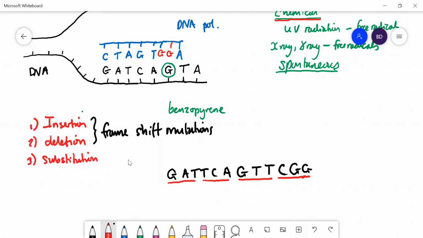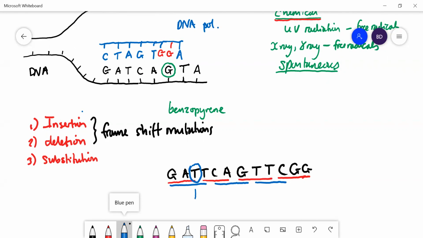Now let's say that this T here is deleted. Okay, now that's deleted. It's going to mess up everything. So the first triplet that's going to be read is that, and the second one is CAG, which is completely wrong, and then that's completely wrong as well, and so on.